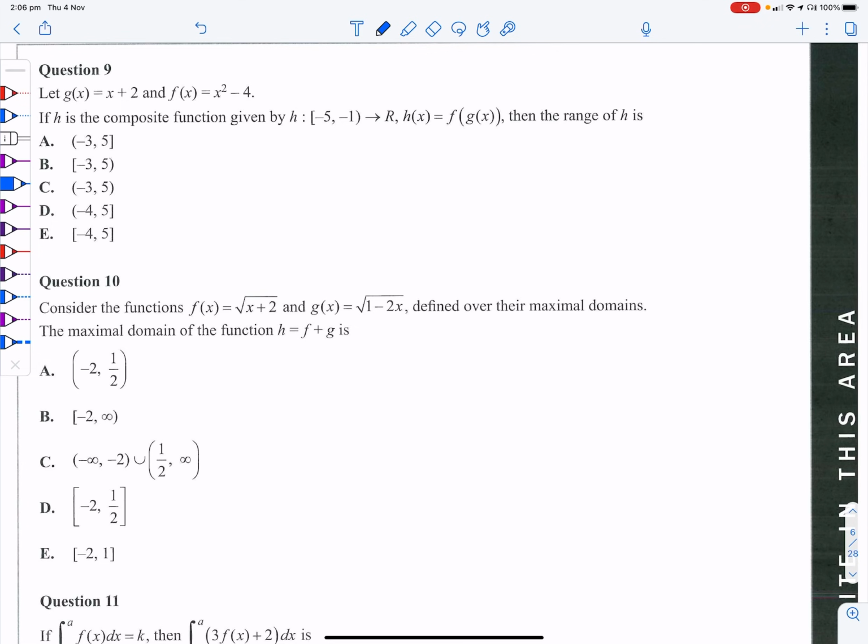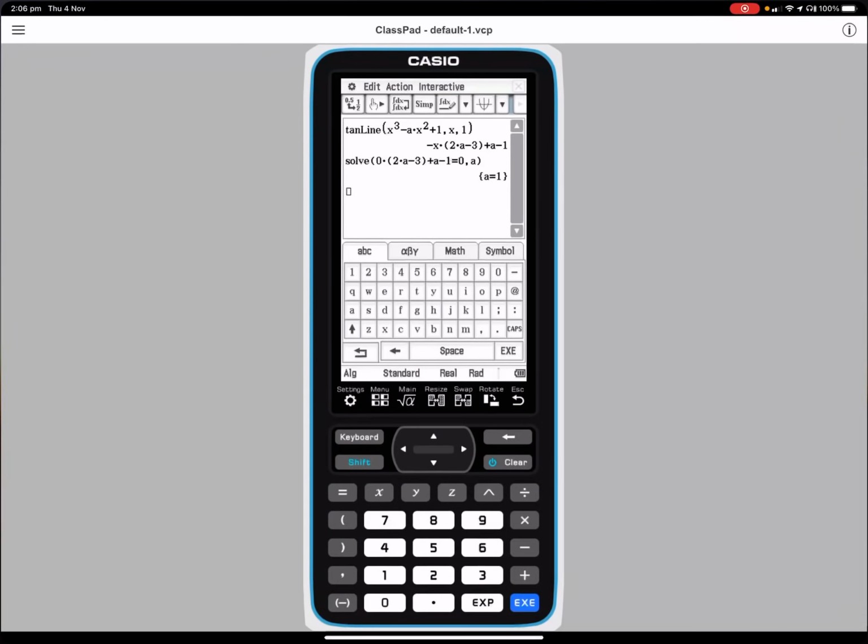Okay, if h is the composite function of that, then the range of h is, it's probably easiest just to do f of g of x. So x plus 2 squared minus 4 between -5 and 1. X plus 2 squared minus 4.